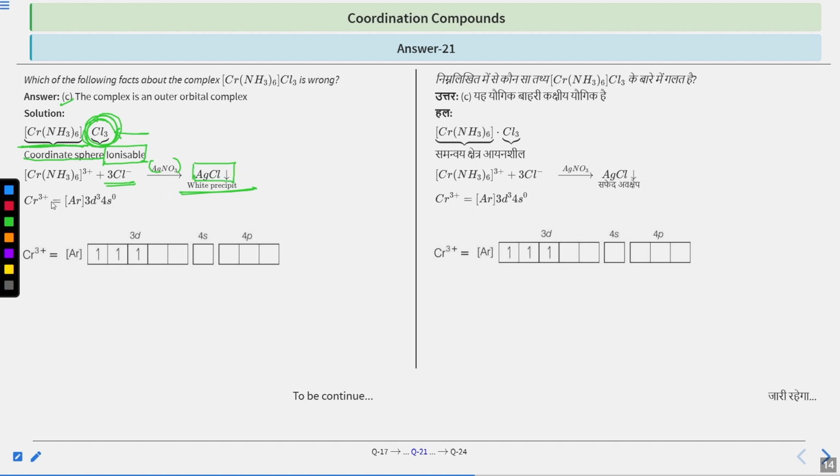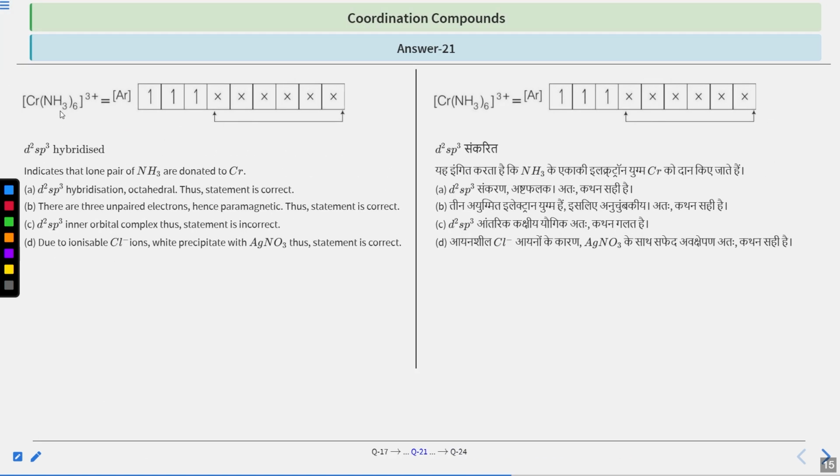Okay, and if you see chromium in the 3 positive state, it has this noble gas configuration, that is argon 3d3 4s0. If you draw the orbitals, it will be this 3d3, 3 electrons, 4s0, 4p0. Right? So you can actually see that it has d2sp3 hybridization. d2sp3 indicates that the lone pairs of ammonia are donated to chromium.